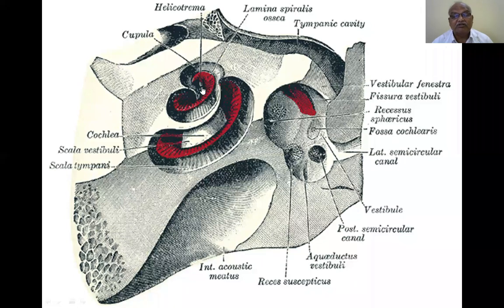Both are continuous with each other at the top level by the helicotrema.